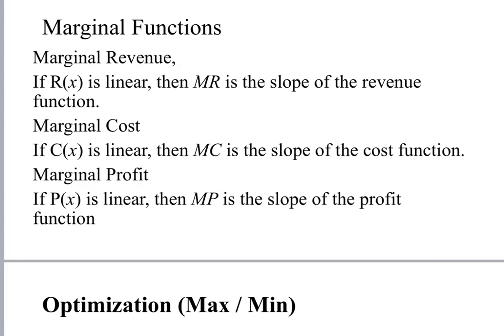Any point on the function has the same slope as other points, right? So therefore, marginal revenue is the slope of the revenue function.